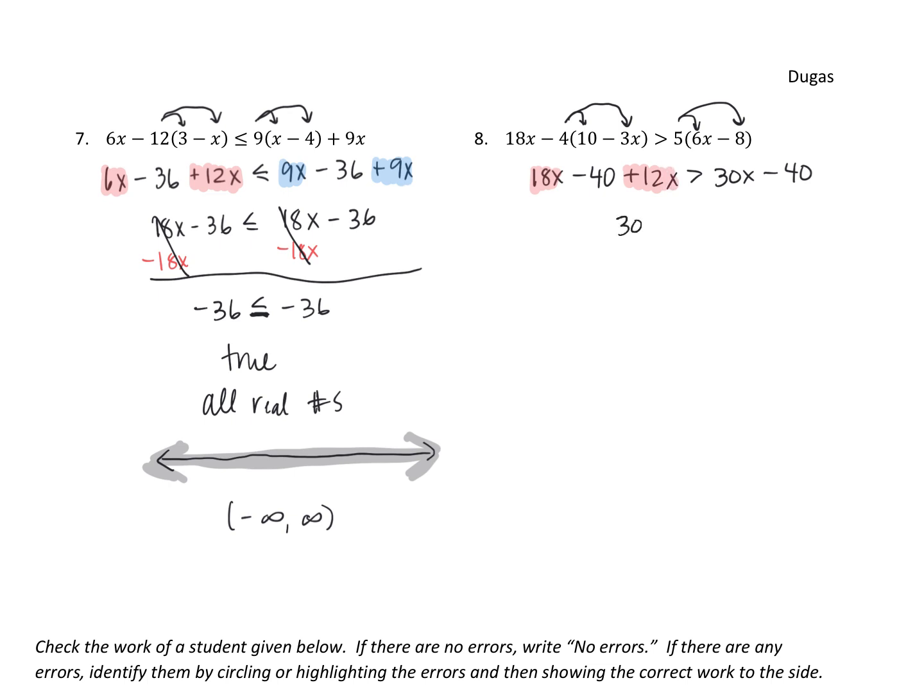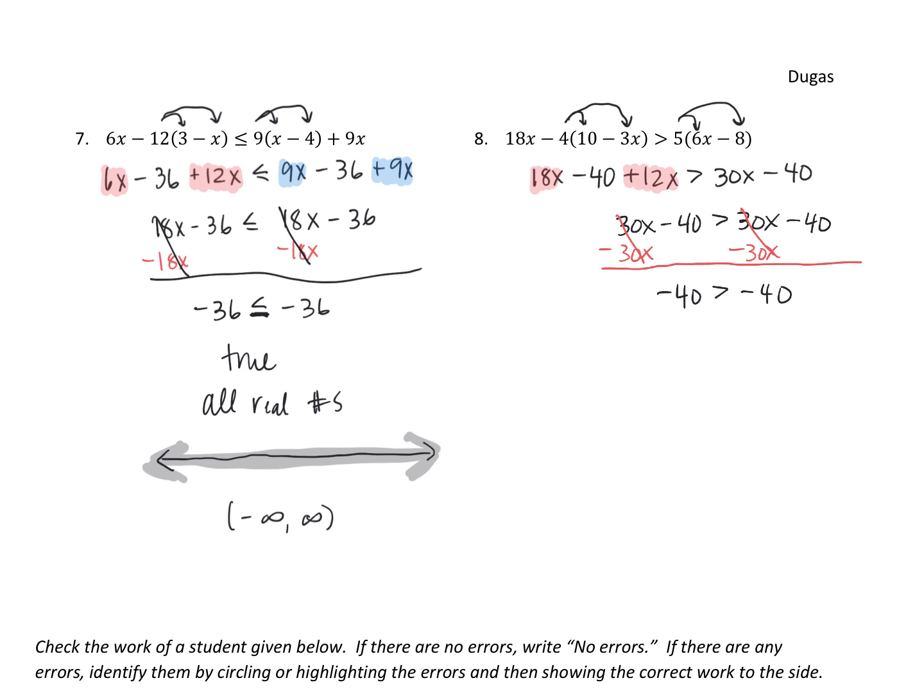So we'll get 30x minus 40 is greater than 30x minus 40. So we subtract the 30x from both sides, and you may have already noticed that those completely cancel. So that just leaves us with negative 40 is greater than negative 40.